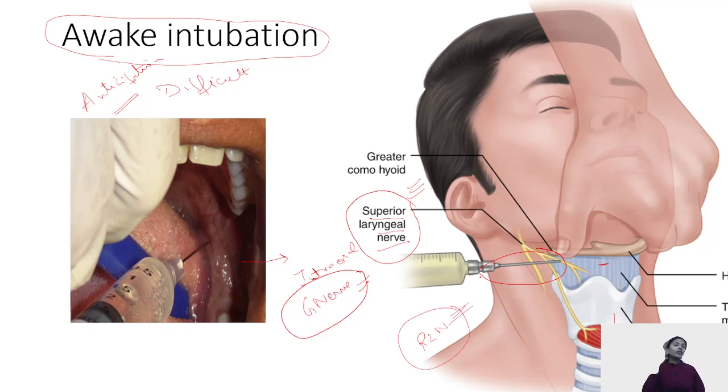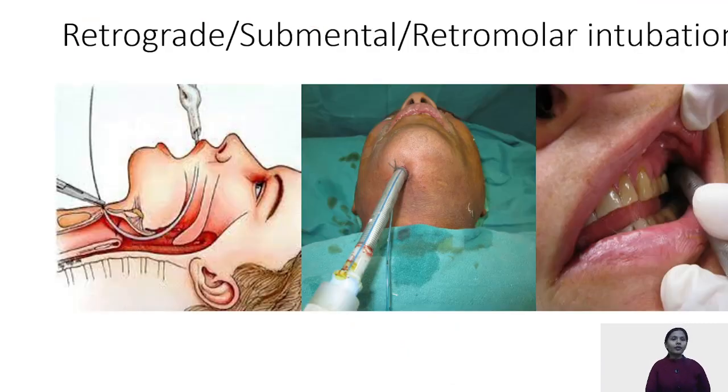I repeat, three airway blocks are given for awake intubation, and this image can be given and asked what is being done and what the use is. This is used in awake intubation to block your superior laryngeal nerve, recurrent laryngeal nerve, and glossopharyngeal nerve.